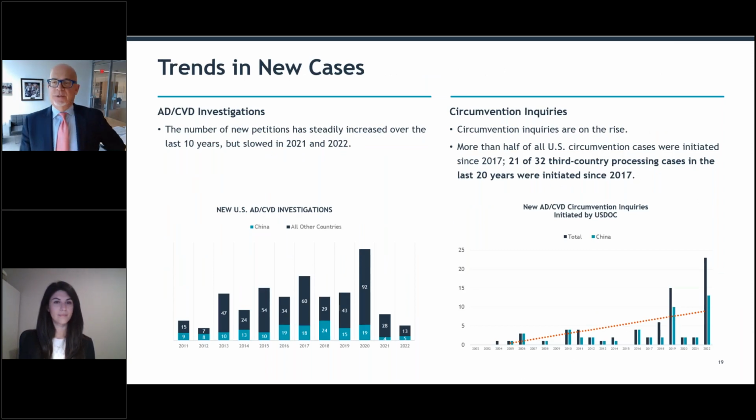This is just showing the trends and what's happened. I'm only taking you through 2022 here. 2023 was actually a big year for investigations, but the reason for this slide is to show you that what seems to have occurred, at least in 2022 in particular, was that instead of bringing new cases against new countries, the approach that has been adopted by at least some industries in the United States is to file circumvention cases instead.